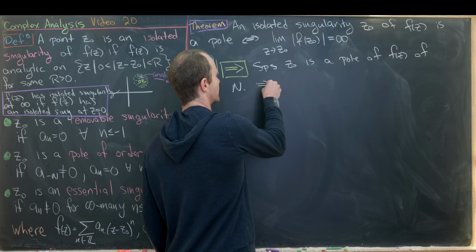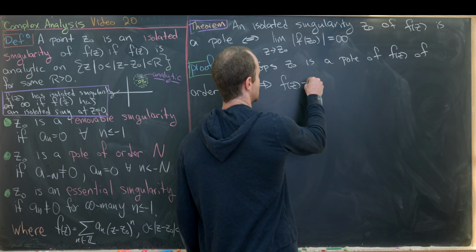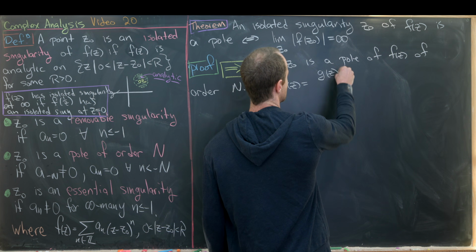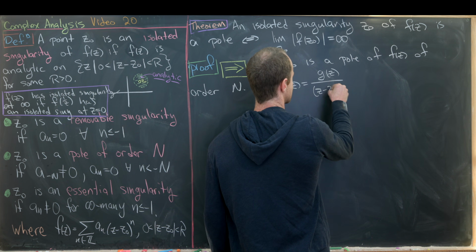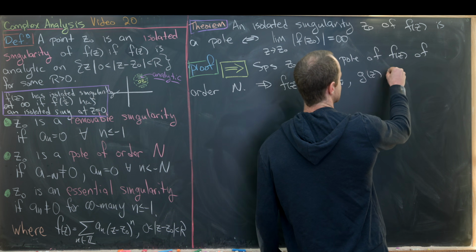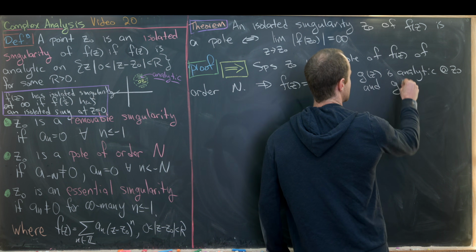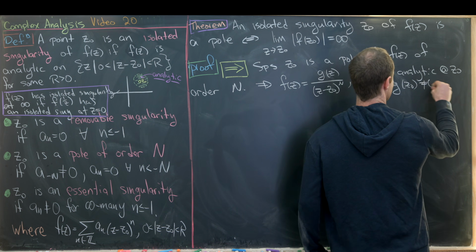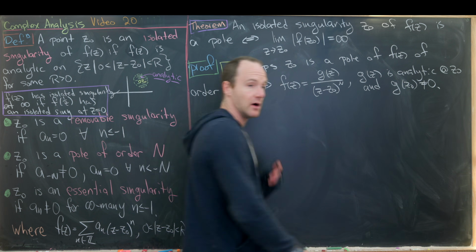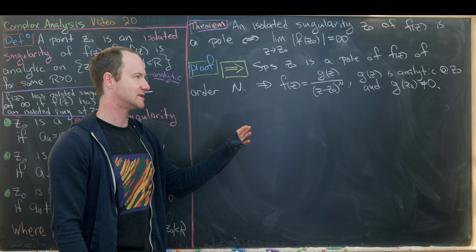Okay, so our previous theorem means that f of z is equal to g of z over z minus z naught to the N, where g of z is analytic at z naught and g evaluated at z naught is not equal to 0.